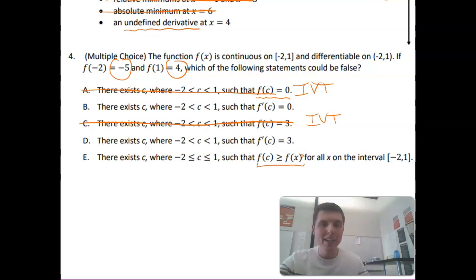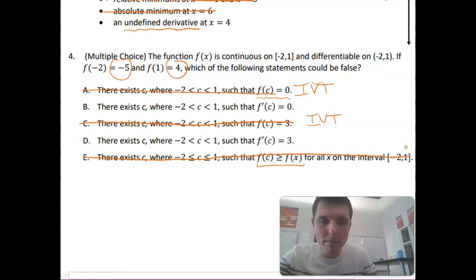It's saying, is there a maximum value where f of c is the maximum and is greater than all the other outputs? Yeah, that's our extreme value theorem. That's kind of what we learned about today. So this one definitely is true, so it can't be false.